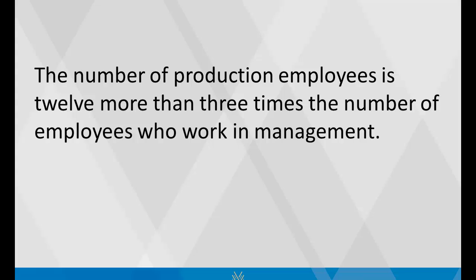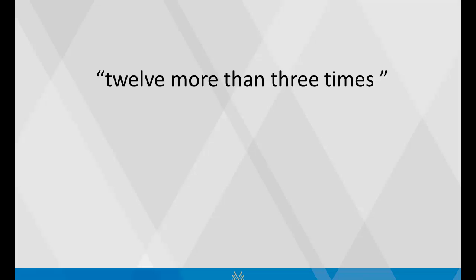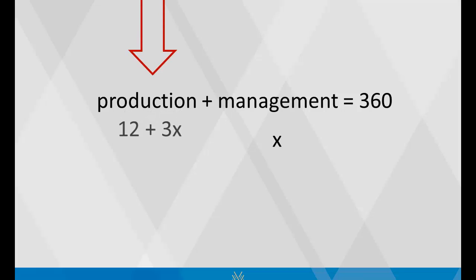Now we're going to use symbols to represent the part that says 12 more than 3 times. We can write 12 more than 3 times pretty much as it sounds. 12 more than 3 times, or 3x. Let's write this expression directly below production.